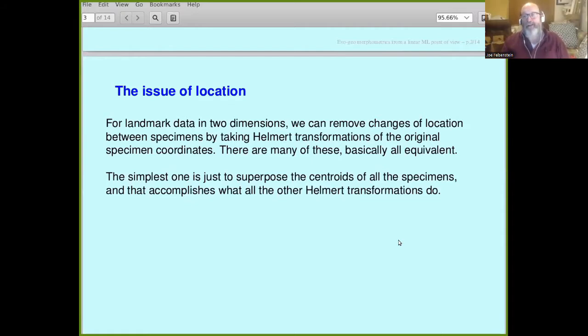I'm going to start out and talk about 2D morphometrics in this example. And I want to talk about landmark data and try to approach it not through the existing machinery of geometric morphometrics that Fred has contributed to so much, but to try to just see if I can make up a linear model or a nonlinear model to do the same thing.